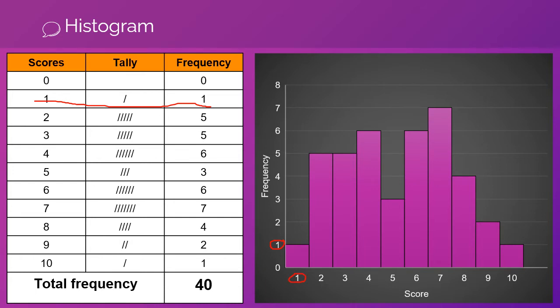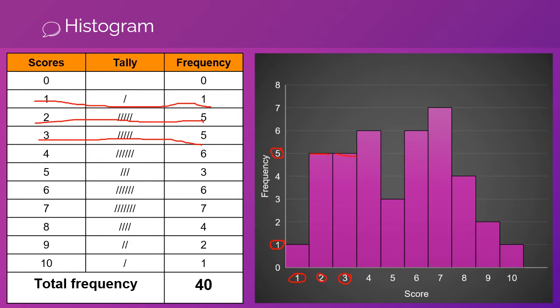Next, 2 and 5. The graph shows the relationship of scores and frequency. So in 3, we have 3 and 5.